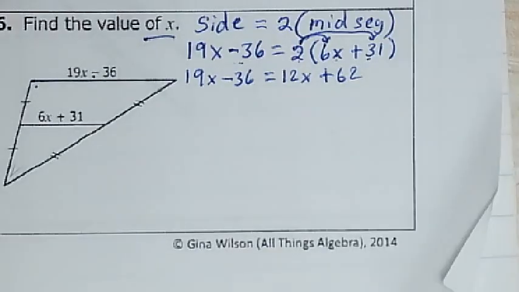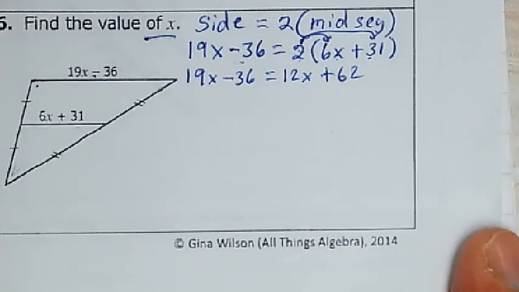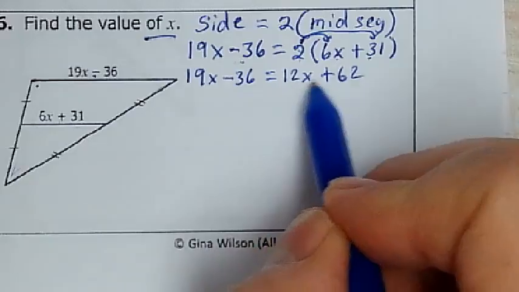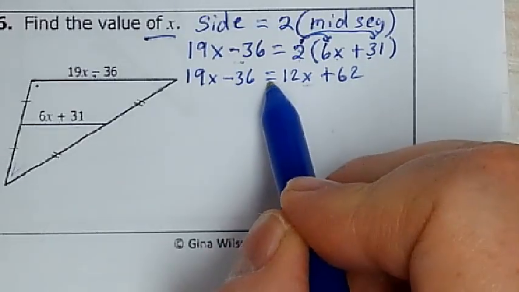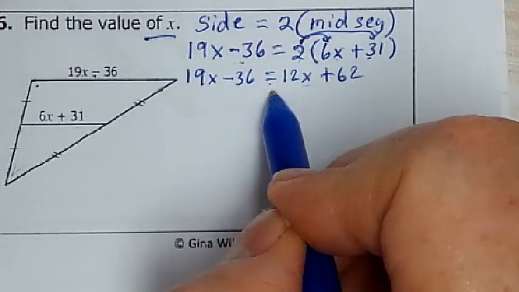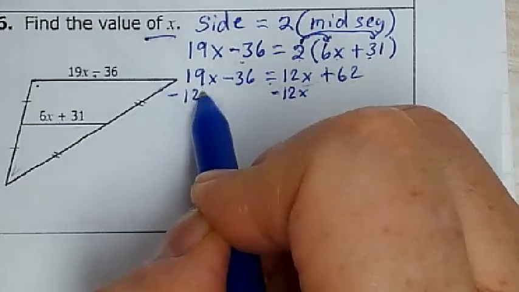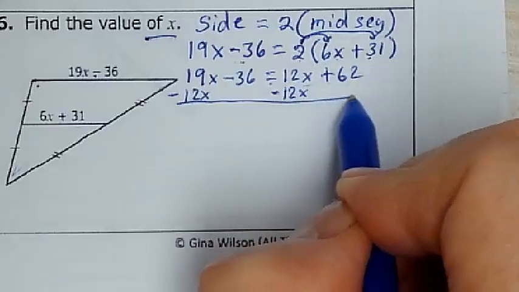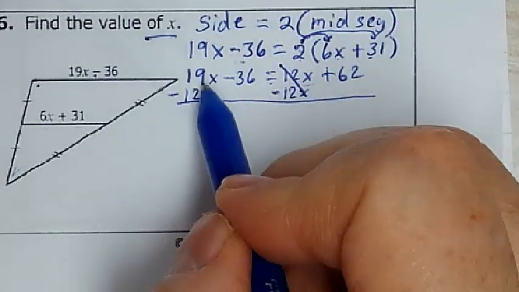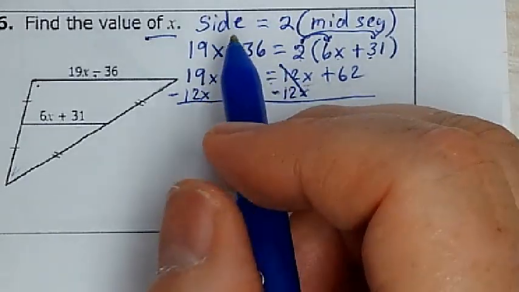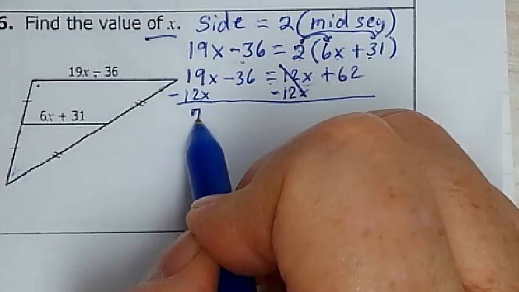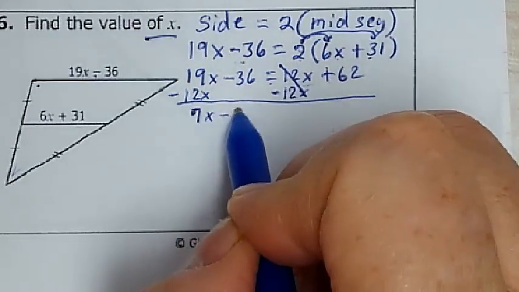Now you know to solve, I always remove the variable from the right side. See the equal sign? Look at the right side. You don't want an x there. So you minus 12x's, minus 12x's. Cancels. Now 19x's take away 12x's. That's just going to leave you with what? Drop the minus 36, drop the equals, drop the 62.